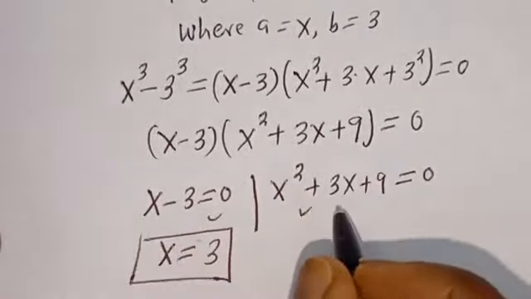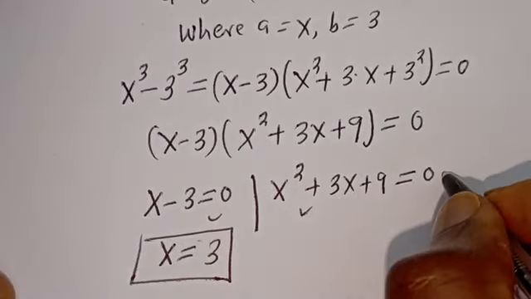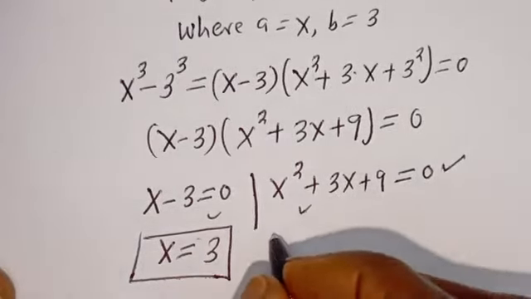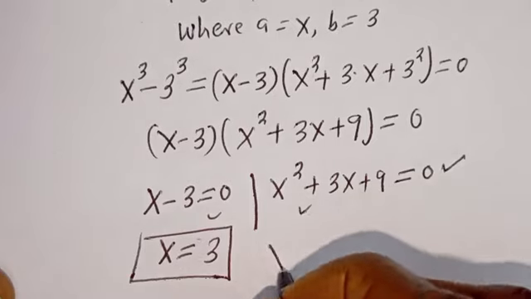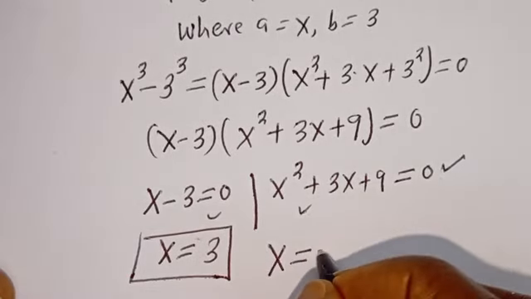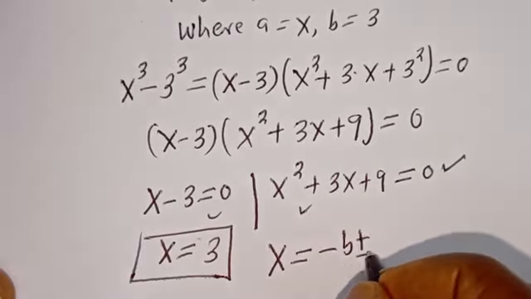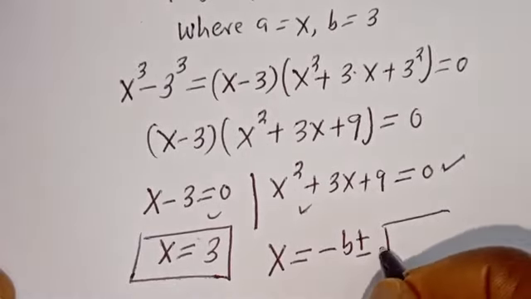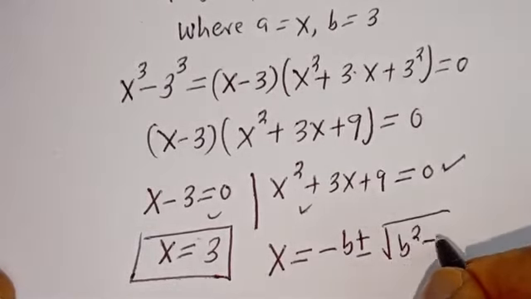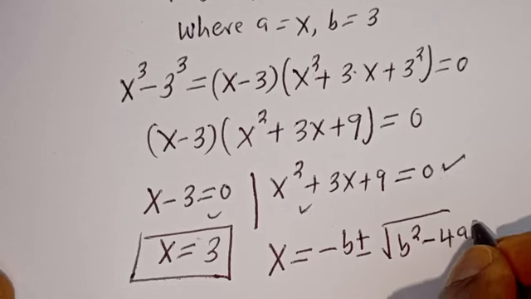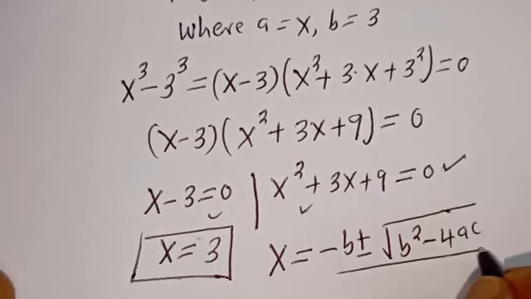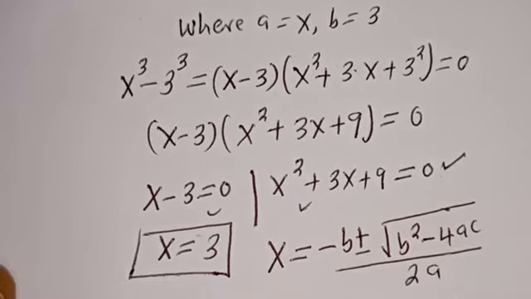From here we can solve this using quadratic general formula, because this is a quadratic equation. Our quadratic general formula is given as s is equal to minus b plus or minus square root of b square minus 4ac divided by 2a.